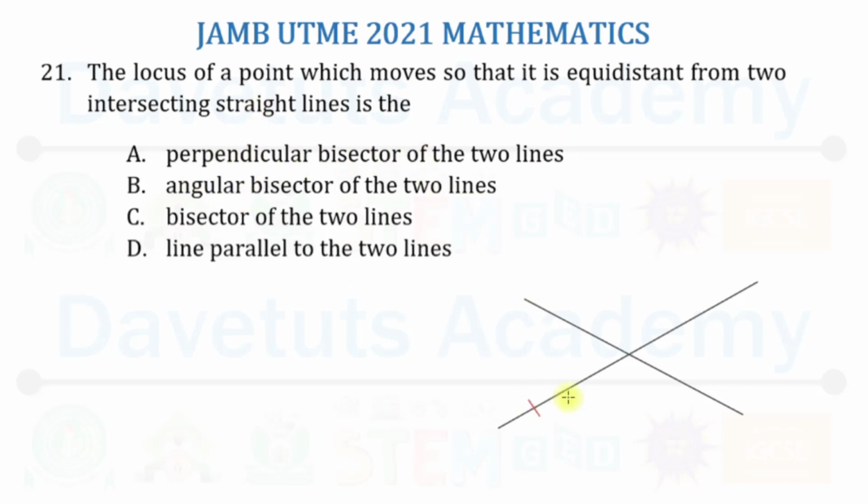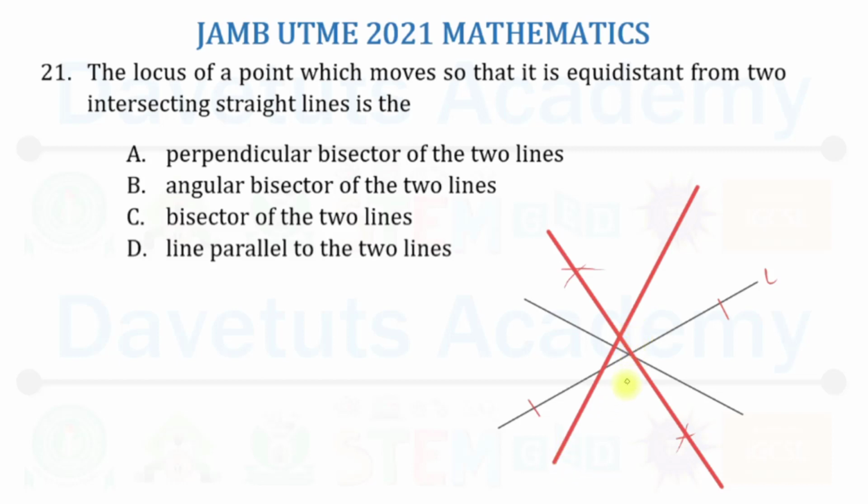In that case, we have for this one something like this, and then we want to mark it off. Then we want to join those lines. See, that's the perpendicular bisector of this, and then this other one we also have a perpendicular bisector coming sort of like this, okay?